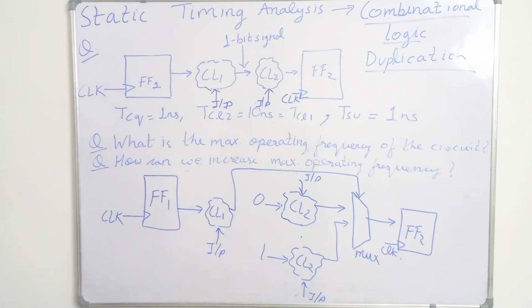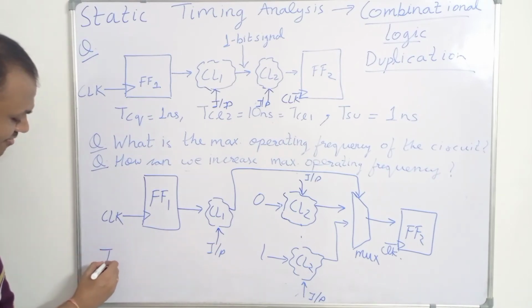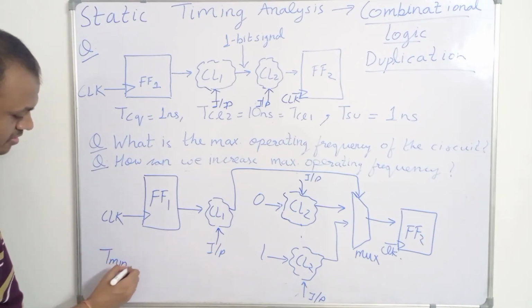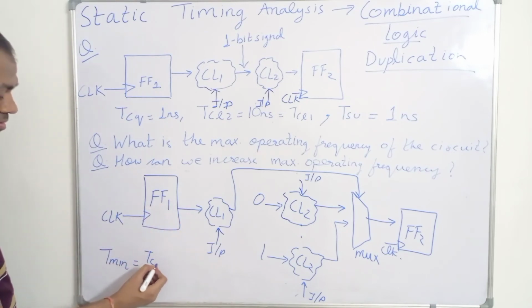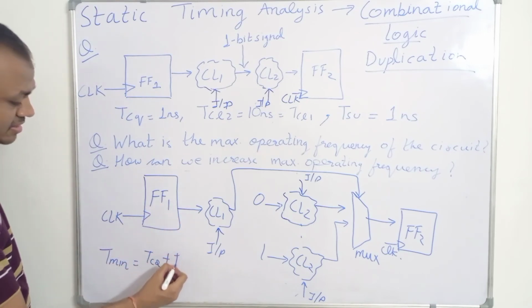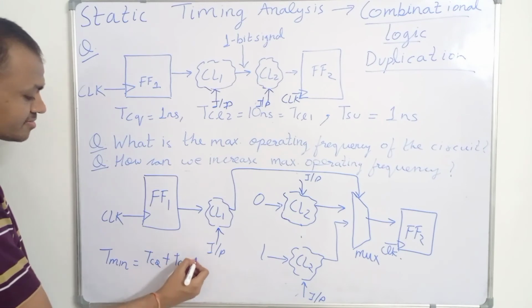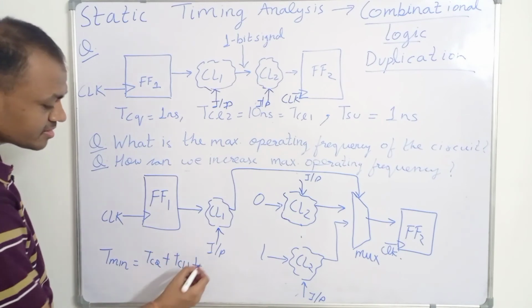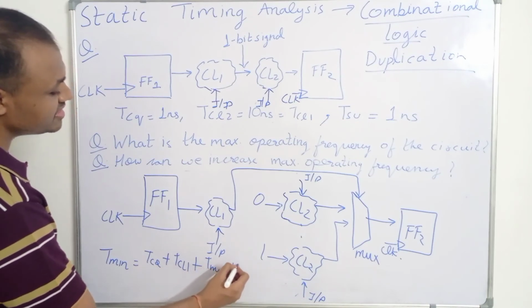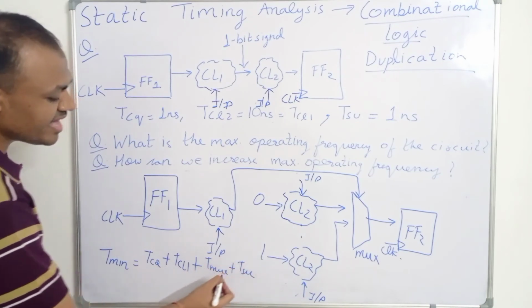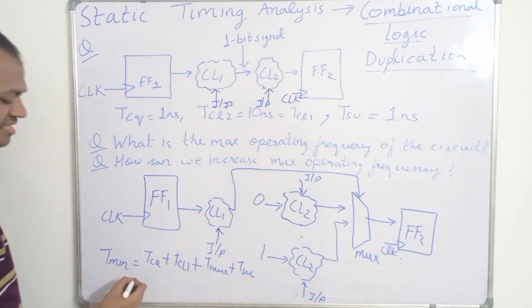Now if we calculate the minimum time period, then T min will be equal to TCQ plus TCL1 plus the delay of the mux plus TSU, and we have assumed that the propagation delay of the mux is 1 nanosecond.